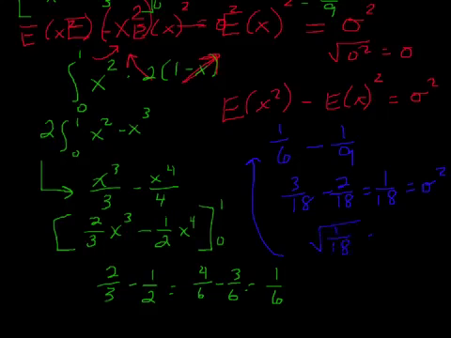Your book is leaving in decimals, so I guess we'll go ahead and do that. The square root of 1 divided by 18 would be 0.236, I guess, if we round to 3 decimal places. And that gives us the standard deviation.